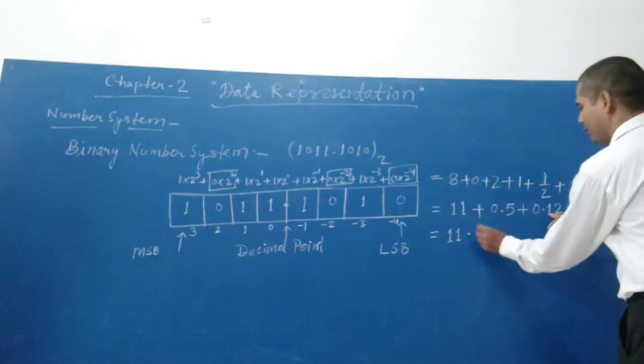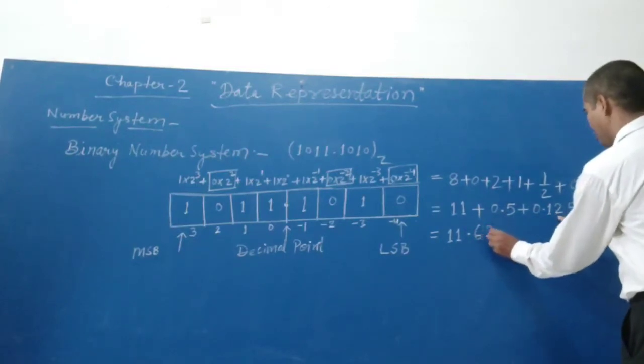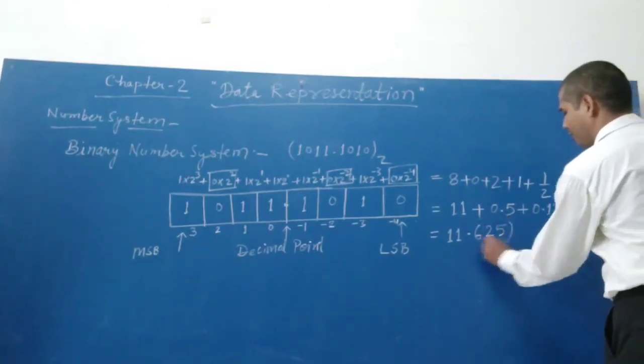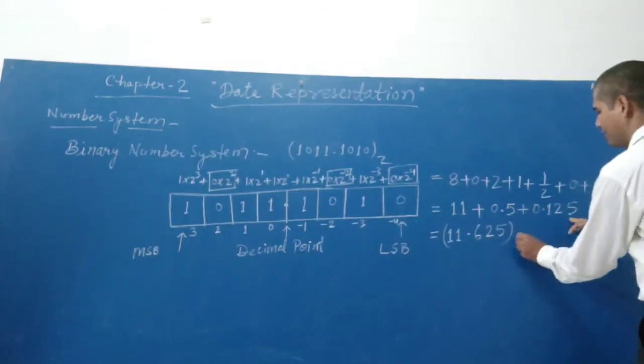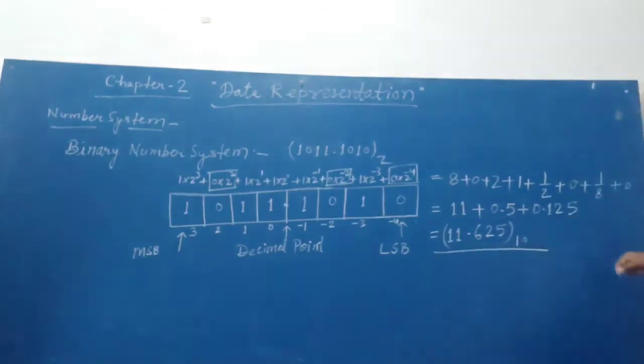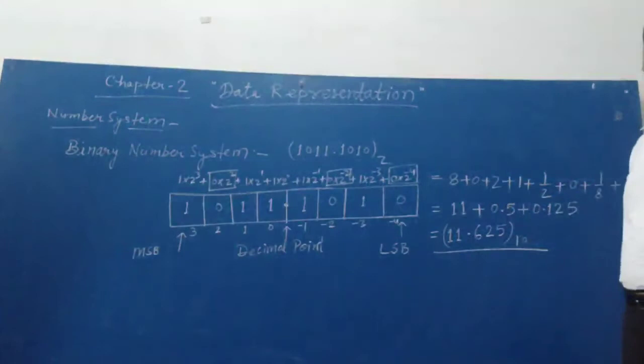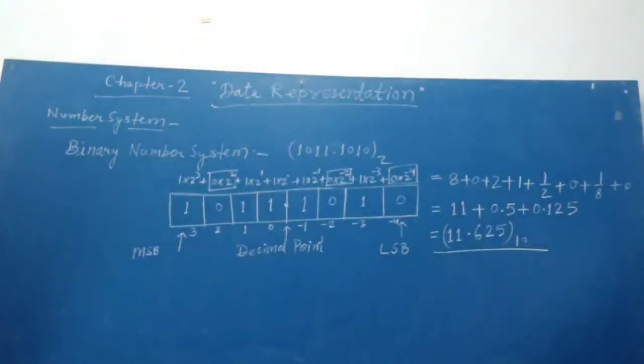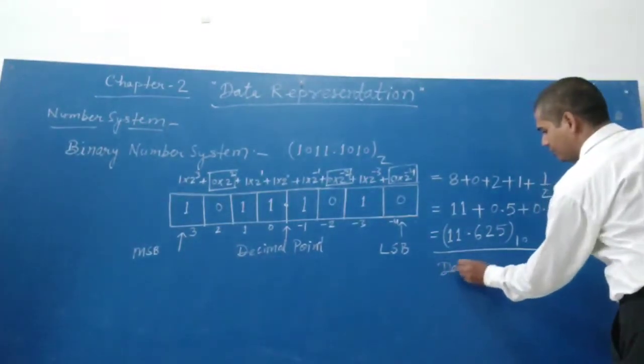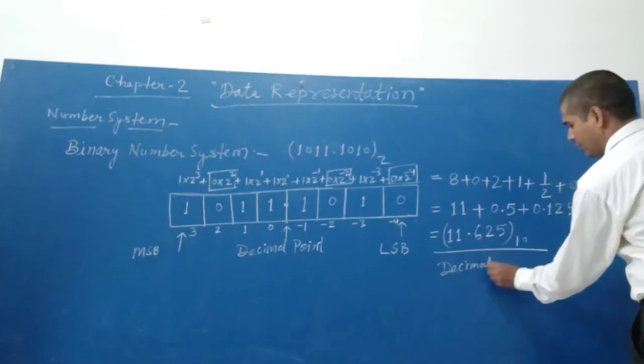So 0.5 and 0.125 give 0.625, so the total is 11.625. So this is the decimal representation of binary digits.